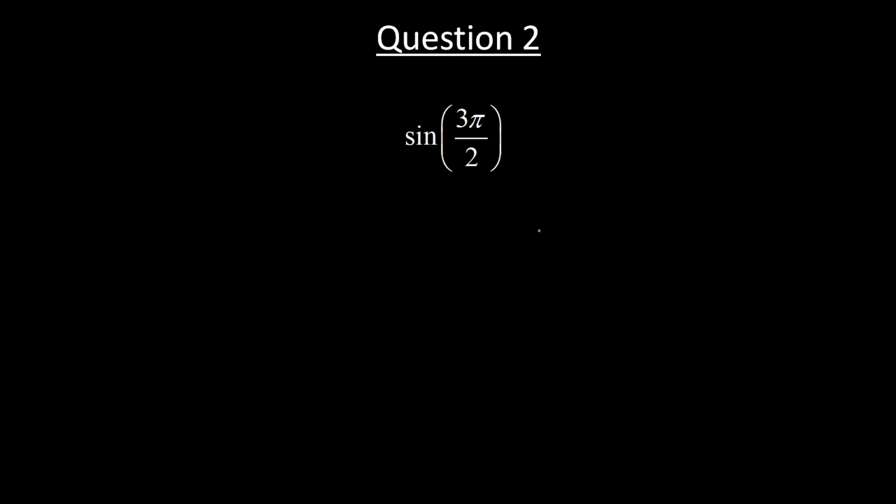But if you didn't know what this answer was, well, we would look at a coordinate system and we would draw our terminal. So remember, here's our initial, here's our 3 pi over 2 angle. So the blue line here is the terminal. And if we look at the terminal, it has no x component to it. X is 0.